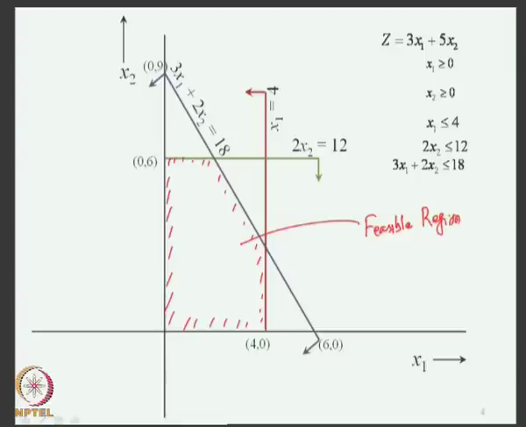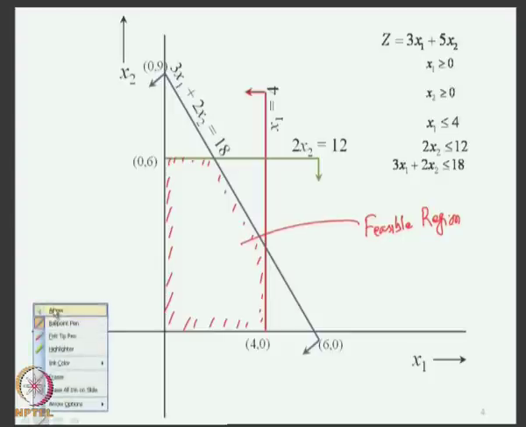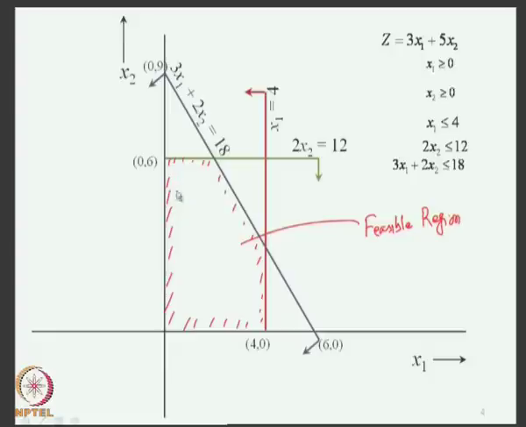So, feasible region is a region where any point within that region satisfies all the constraints of the problem. So, these are the three constraints. Any point you take within this region or on the boundary of this region satisfies all the three constraints. So, in the graphical method, the first step is to identify the feasible region. So, this is the feasible region.